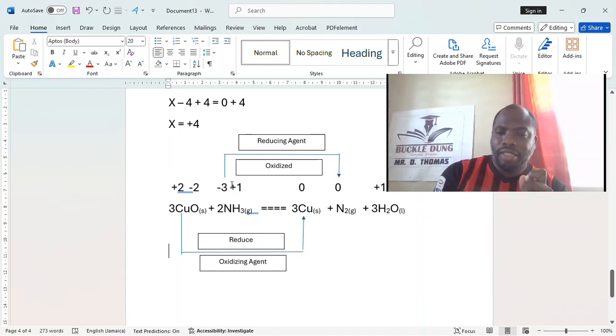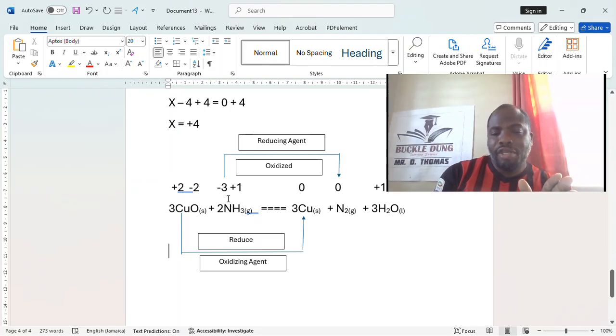Let's look at oxidation in terms of electrons. This nitrogen, why would it have the negative oxidation number? If you look at it in terms of the ion, it is a 3 minus, meaning it is moving from the ion state back to the atom state.